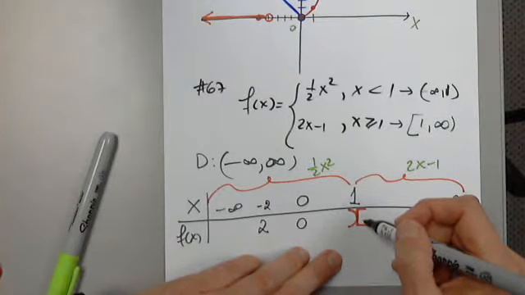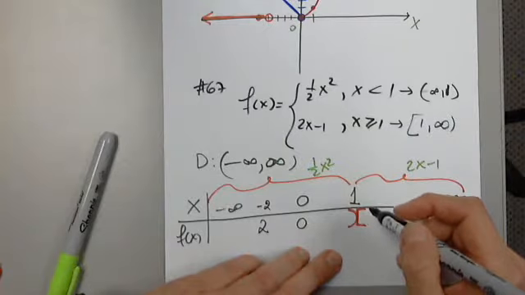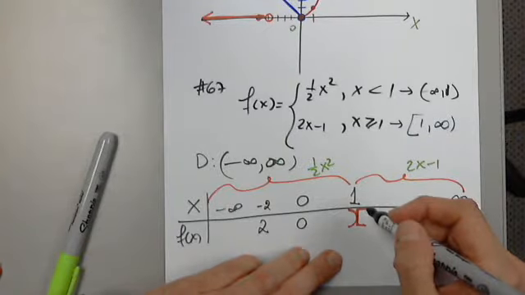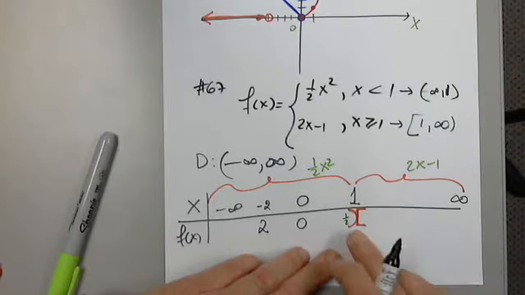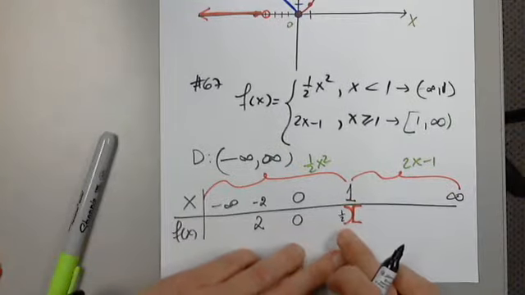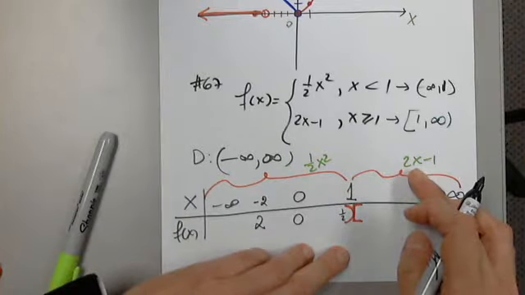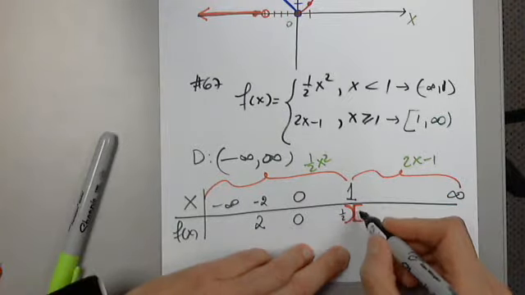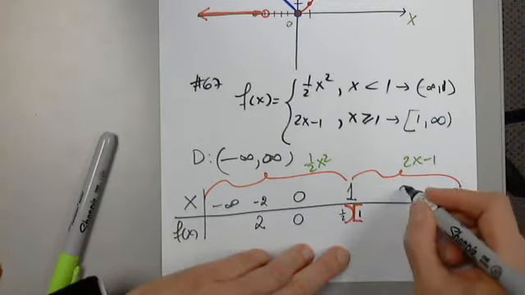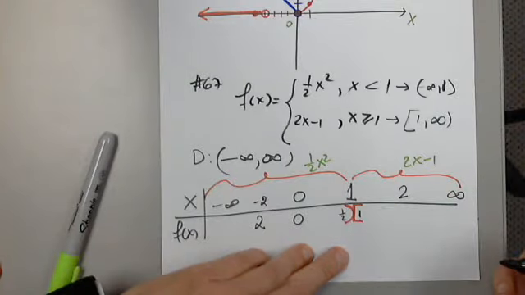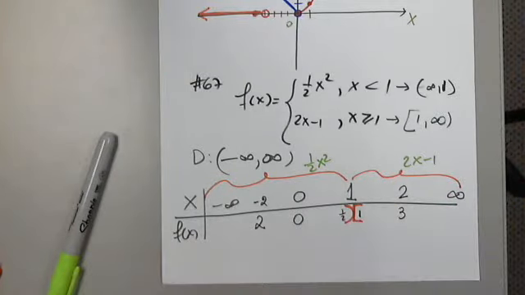But then I will say please plug in, otherwise you have to plug in 0.99999999999. So I get 1/2 right here inside the parenthesis. Let's plug in 1, and we get 1. Let's plug in 2, and we get, very good. Do we all agree with the ordered pairs so far?